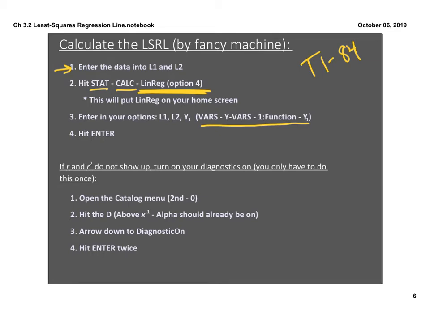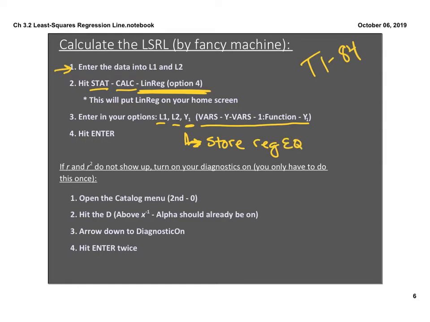So you're going to enter your options into L1 and L2, and then you want to enter Y1. This is where, if you're looking at a calculator that has that stat wizard, you see the store regression equation. If you see that option that says store regression equation, here's how you get it into your Y1.